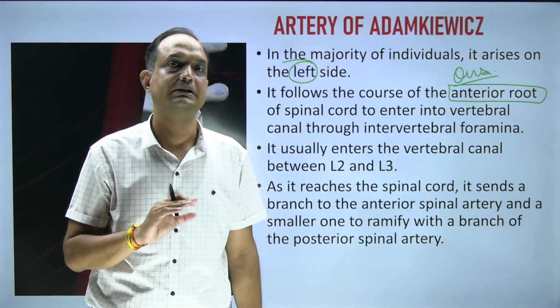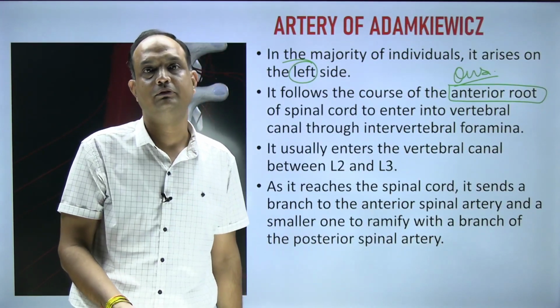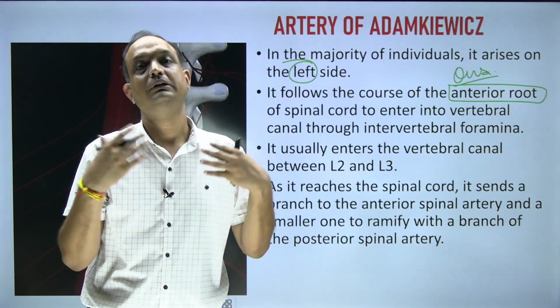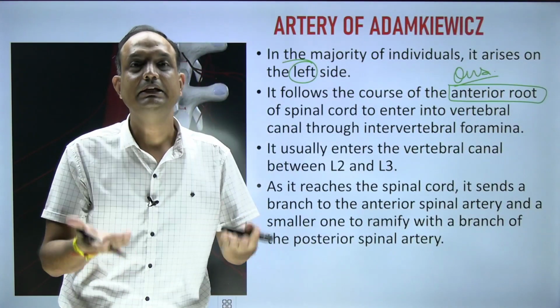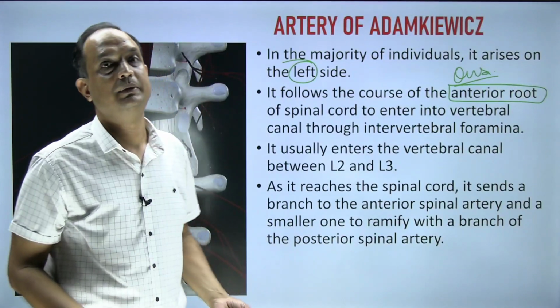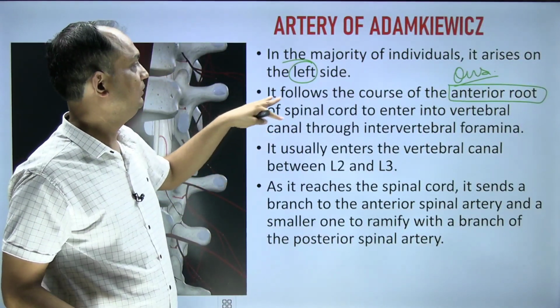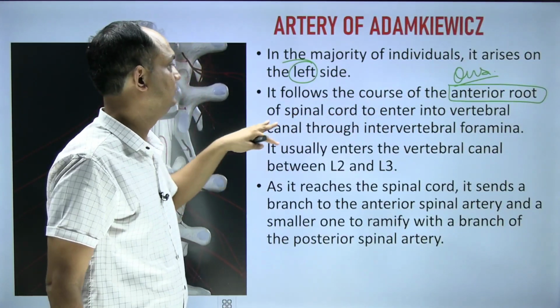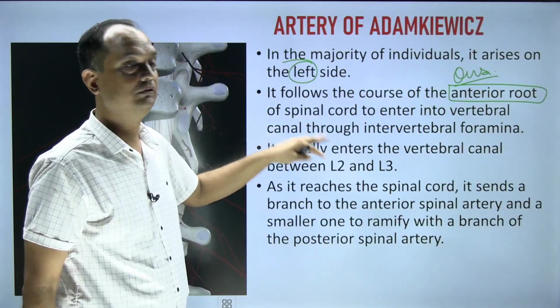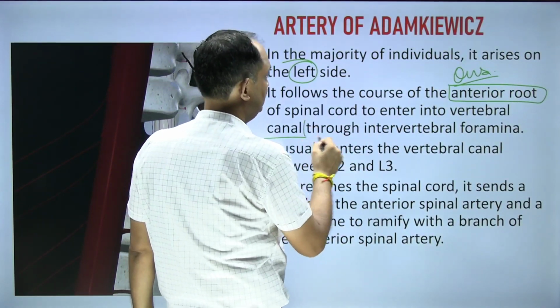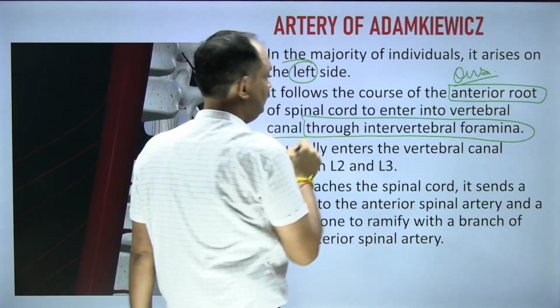Always understand that it is present on the ventral side of the spinal cord, and obviously it follows the anterior or ventral roots of the spinal nerves attached to the spinal cord, and then it enters the vertebral canal through the intervertebral foramina.